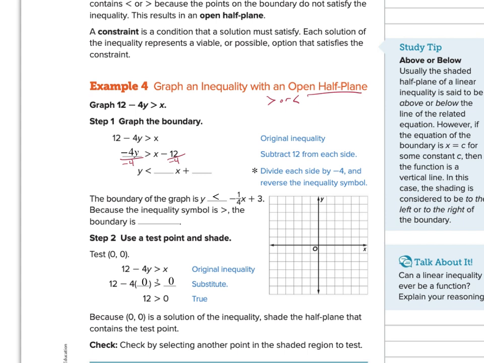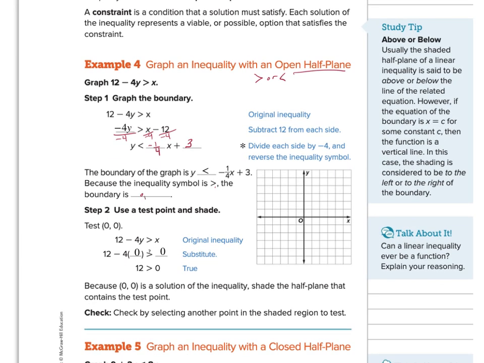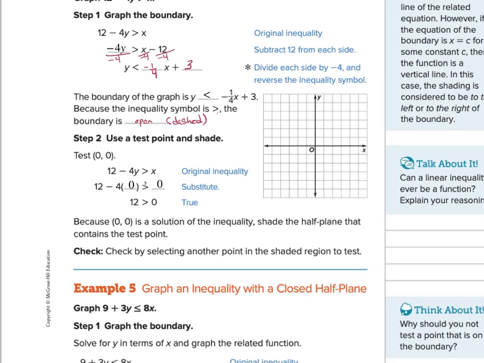So instead of being greater than, y is now less than negative 1/4 x plus 3, and because of this inequality, the boundary is open and it's going to be dashed. Just keep that in mind when we are graphing our line.